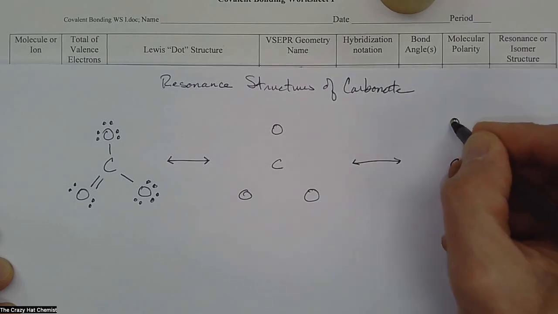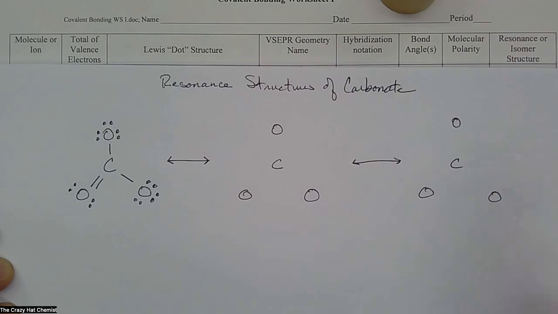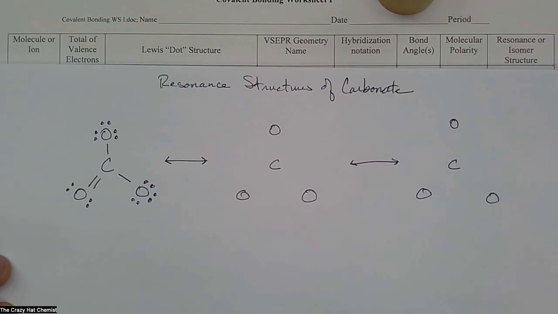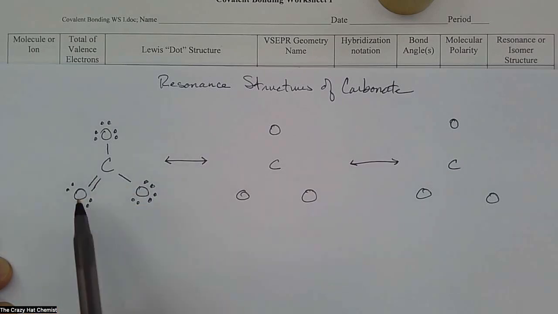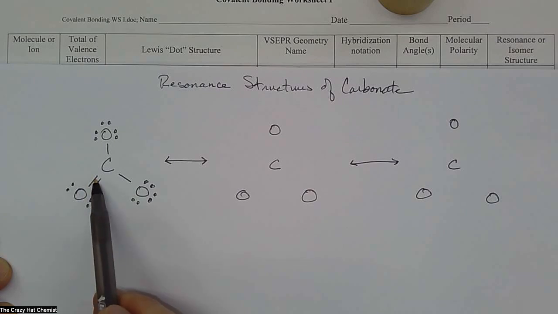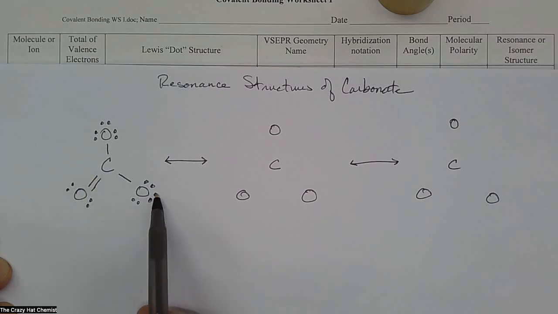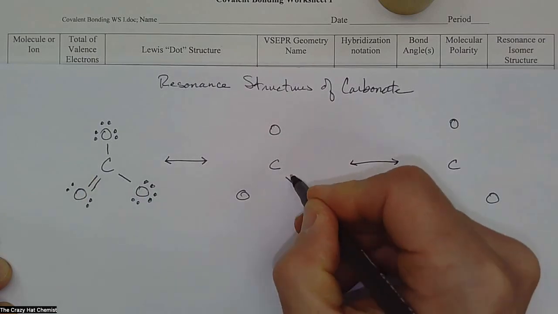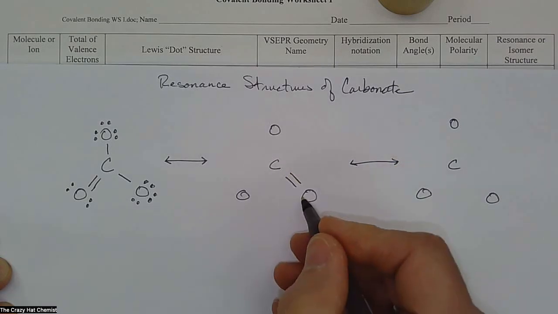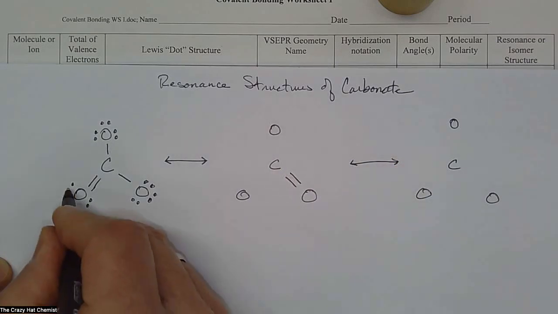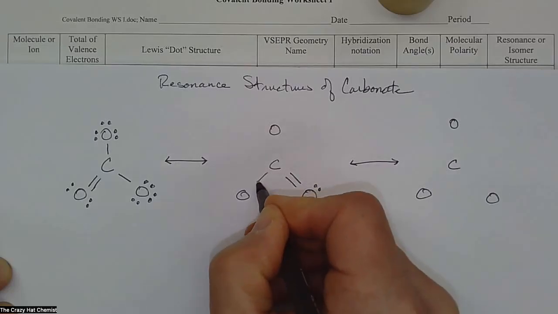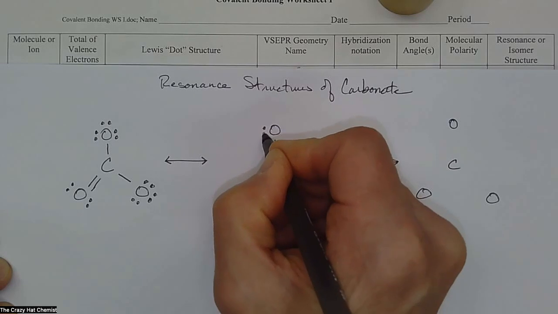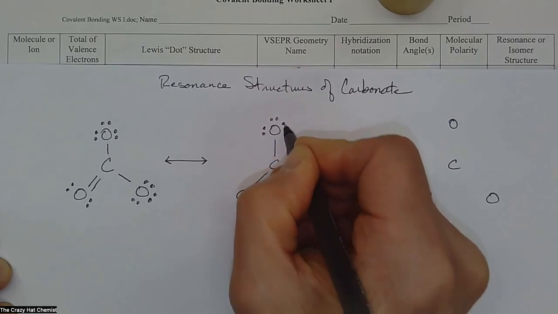I chose to begin on the very first structure to share a pair of electrons from this oxygen and bring it in here. Well, why not this one? So I'm going to make this one a double bond. And notice that if this one's a double bond, then it will only have 2 lone pairs of electrons, and the other ones being single bonds with 3 sets of lone pairs of electrons.